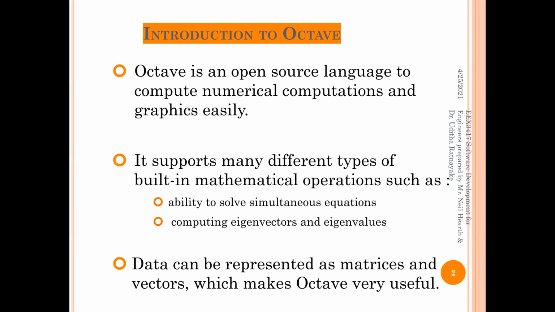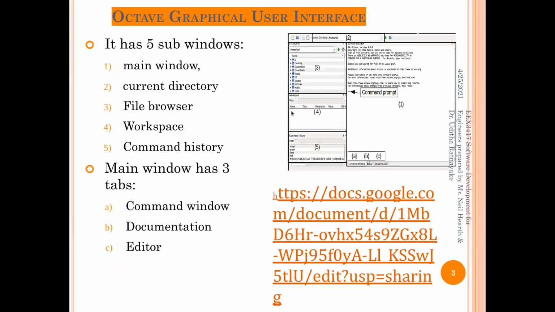Using this, you can get the answers to matrix and vector calculations. Actually, for this lecture, I use the online version. There are two types of Octave: online Octave software, and open source software that you can download.